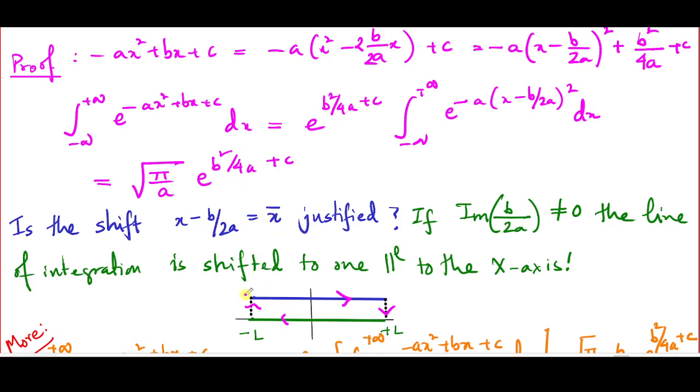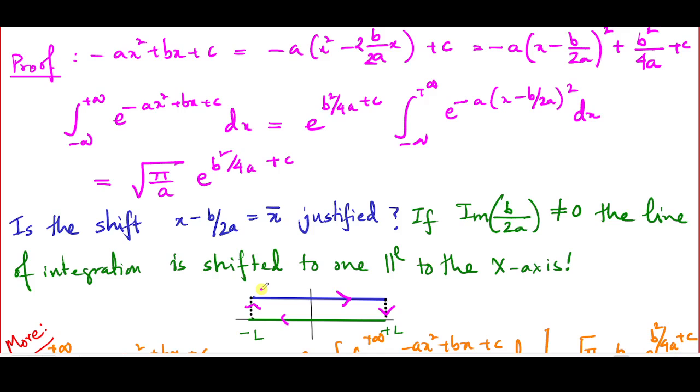So that means that this integral along the blue line and this integral along the green line going from minus L to plus L will give you the same result, thus establishing that the blue line integral, the one that we are actually doing, gives you the same value as the integral over the real line, the green line integral in our picture. So root over pi by a is perfectly okay.